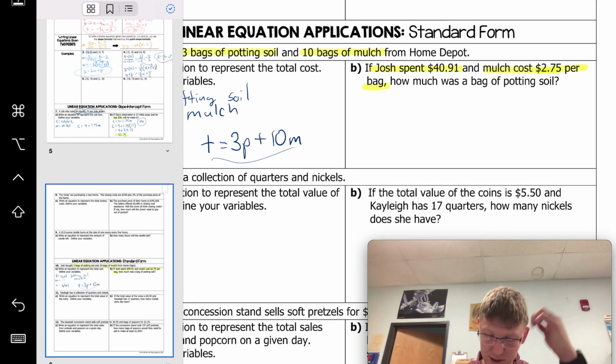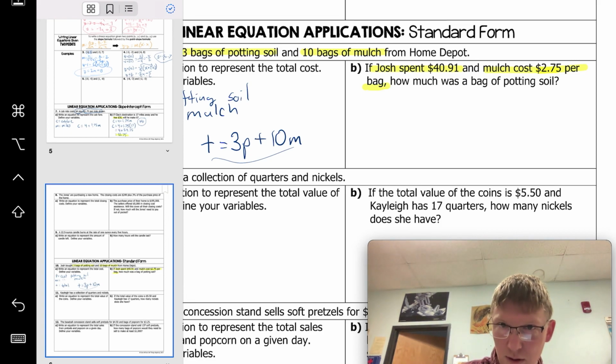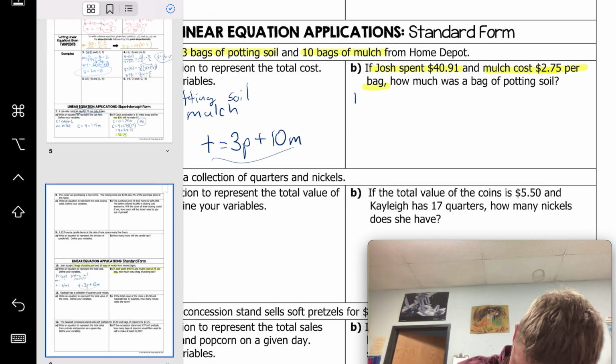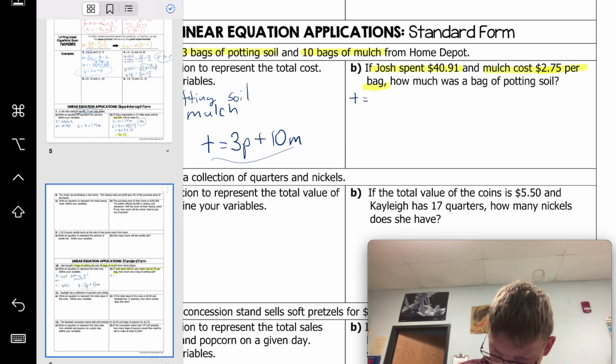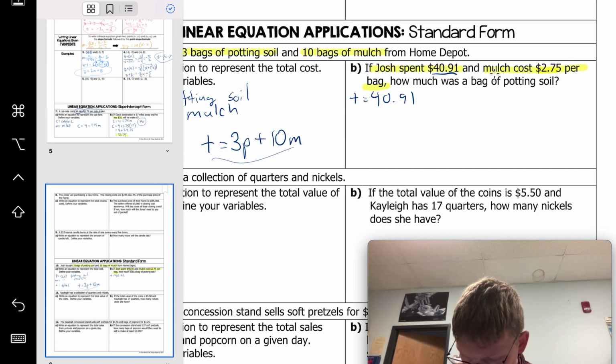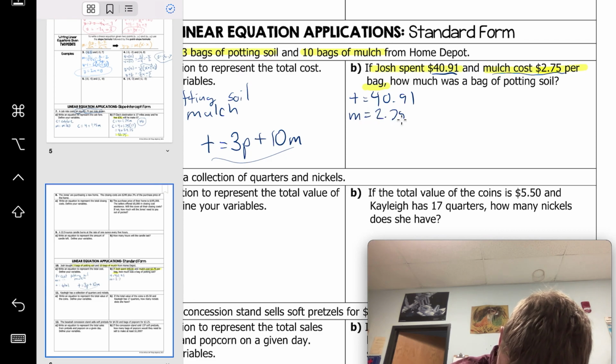So I always like to write down the information that they give me. I know a lot of you will go through word problems and underline. That's cool too. But I just like to write it down in my own words so that I can understand it. So our total spent was 40.91, and mulch cost 2.75, so M equals 2.75.